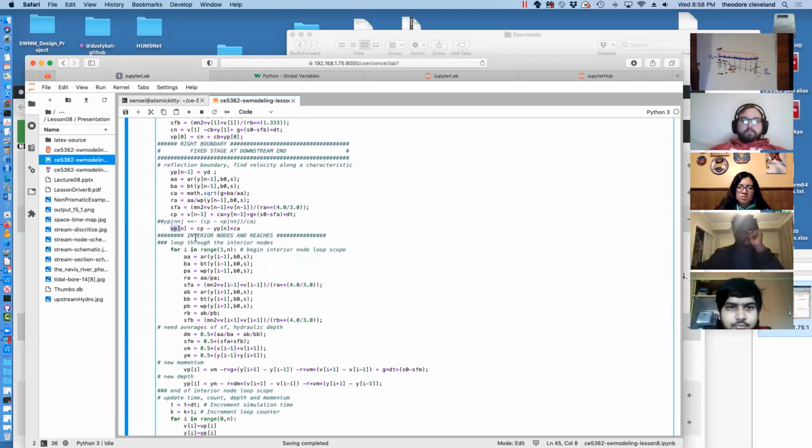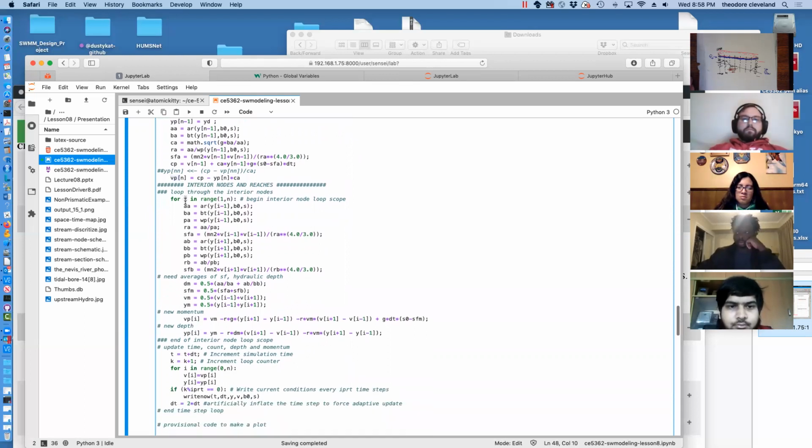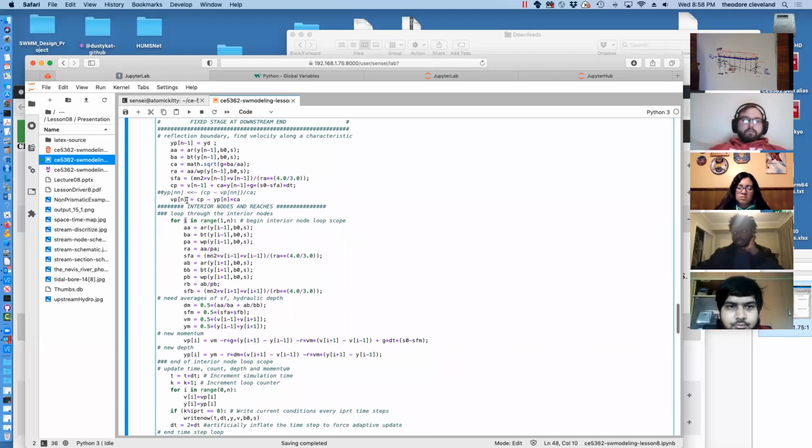The next part are the interior nodes. Those are just the equations as written. So we're going to start counting our cell center i from position 1 all the way out to the nth position. We compute our flow area from the cell to the left of the current cell, top width to the left of the current cell, wetted perimeter to the left of the current cell, the hydraulic radius based on the ratio of area to perimeter to the left of the current cell, and a friction slope.